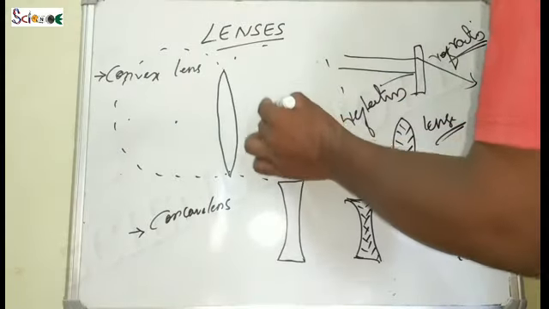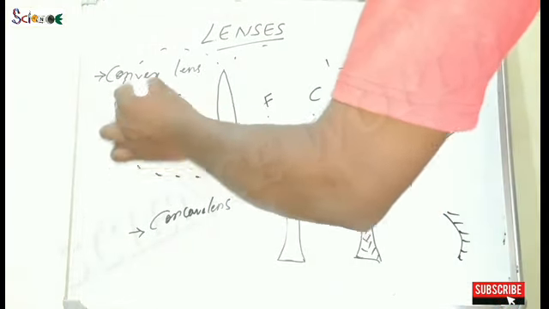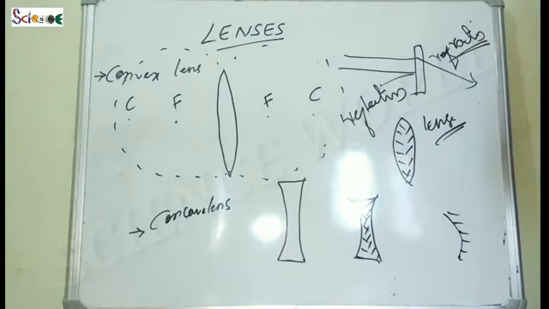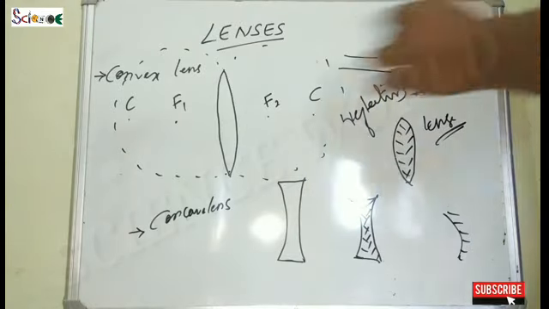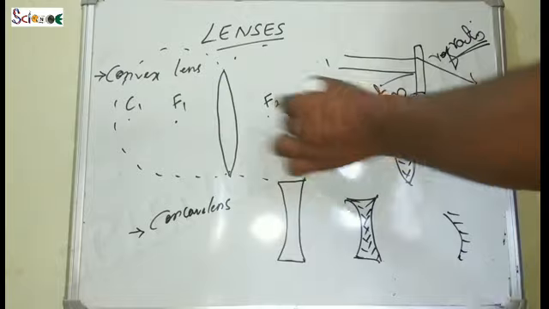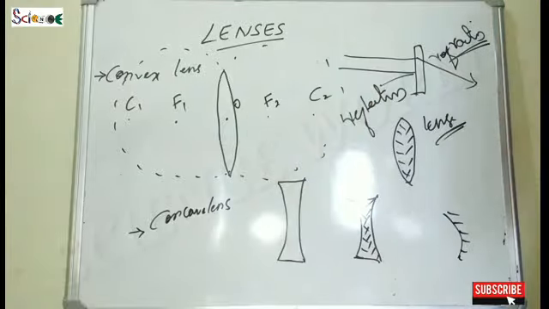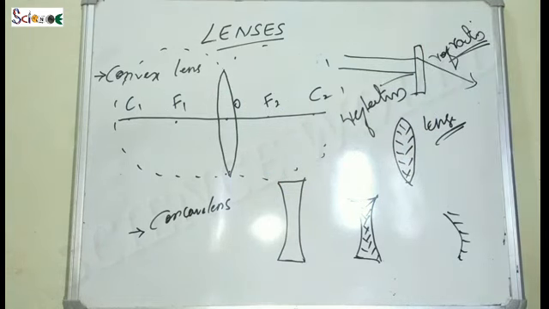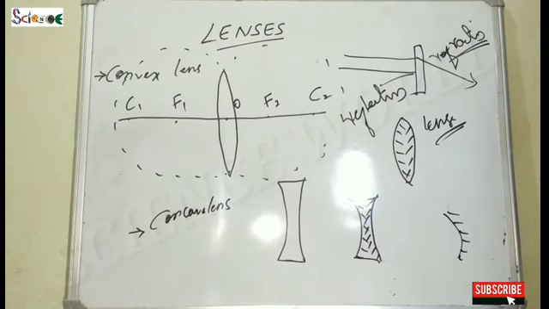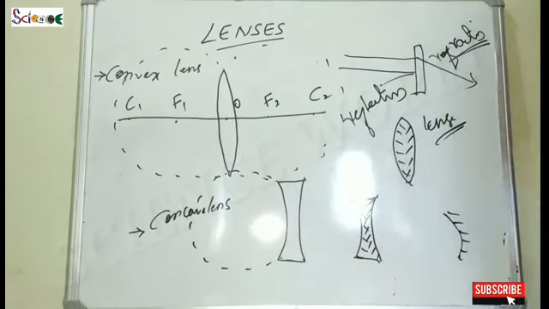To avoid confusion, we write them as F1 and F2, and C1 and C2. The center of a lens is the optical center, O, and the imaginary line is called the principal axis.